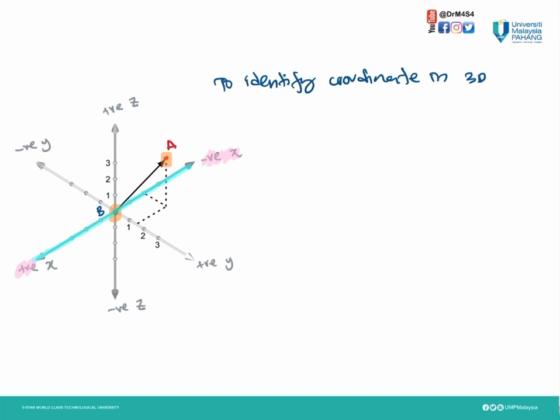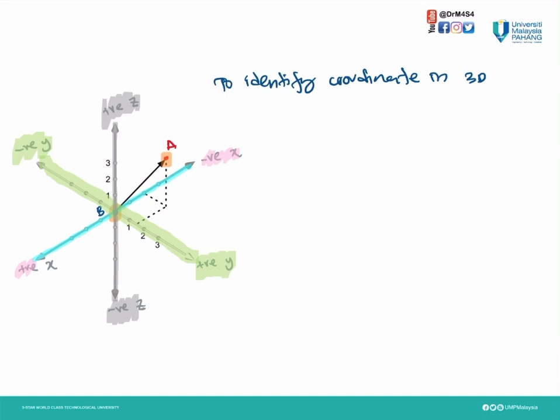Similarly for the y-axis, this part is positive and the other part is negative. Let's have a look at the z-axis. On this side is negative, and for sure this one is positive.